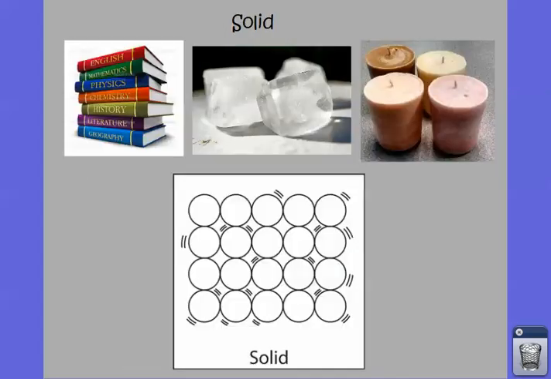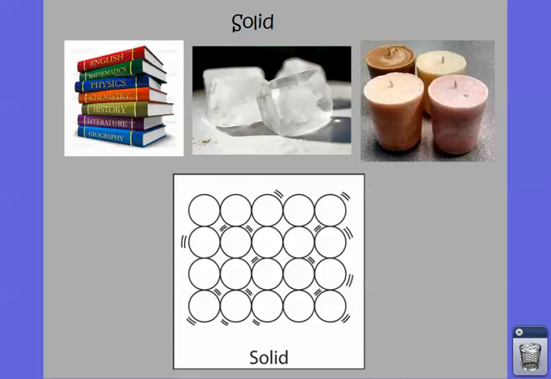Now, when we look at solids first, these are things where the particles move really slowly and they don't have enough energy to move past one another. So if this is a solid here, we have this particle here, it's kind of stuck and held in place by these other particles. So they're moving, they are vibrating, but when you look at the object as a whole, you don't see the movement of the particles.